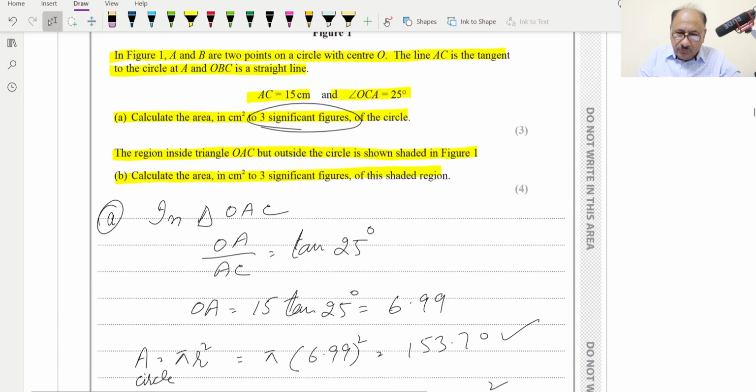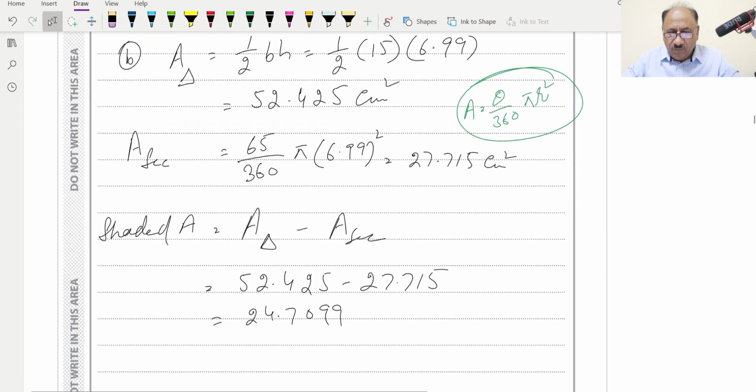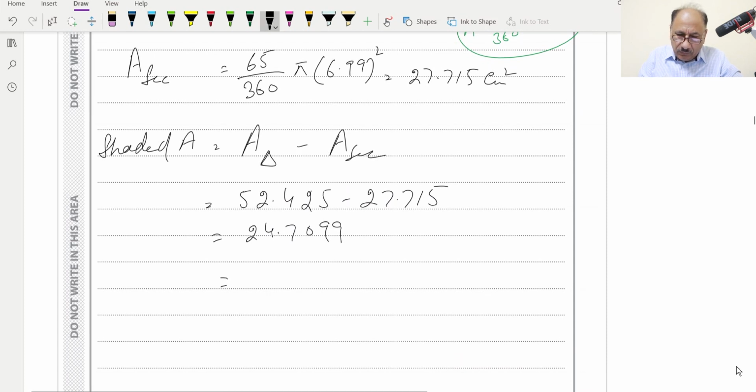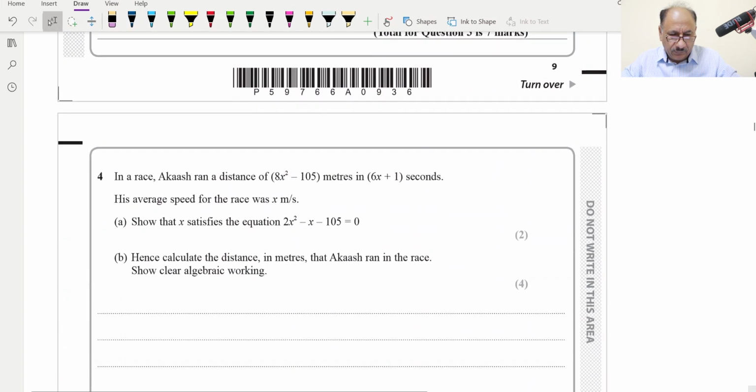They are saying up to 3 significant figures, so it will be 24.7 centimeter square as the rounded answer. So this will be the final answer of this question.